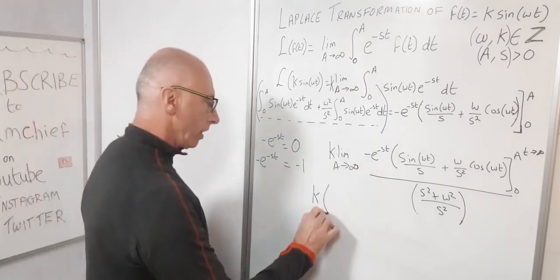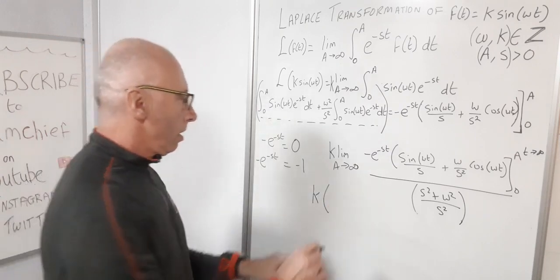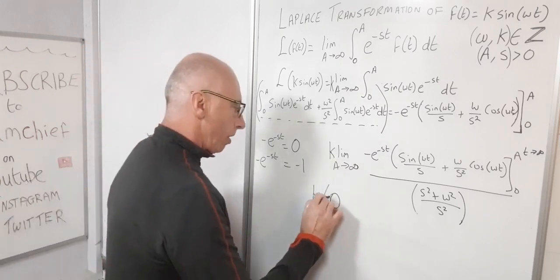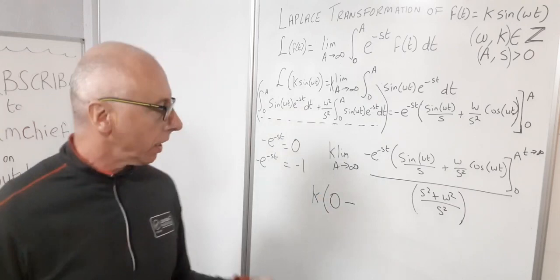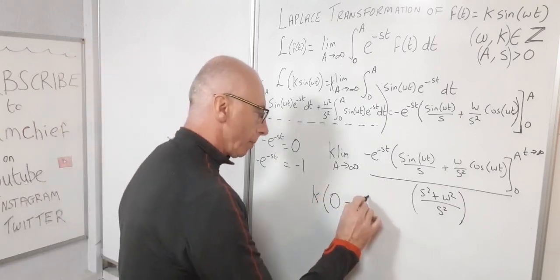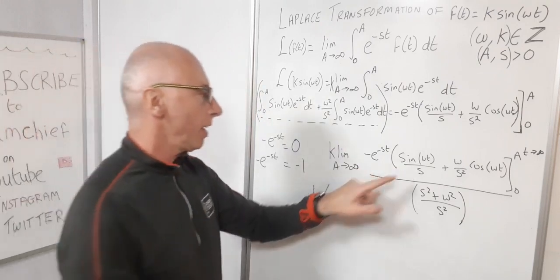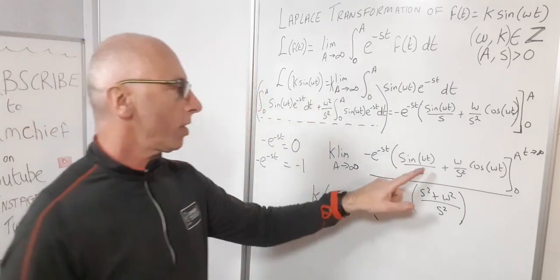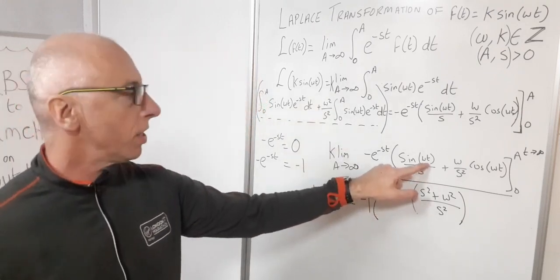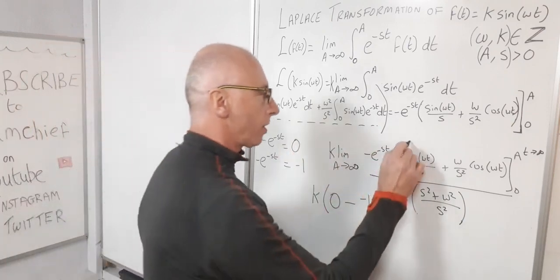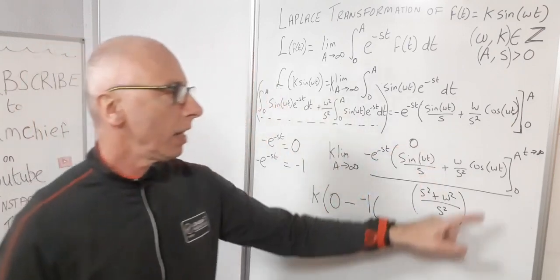So we've got k times, we've got 0 at infinity, and then we subtract our minus 1 result and then multiply it by this in here. So sine of 0 is 0. So that term just becomes 0.